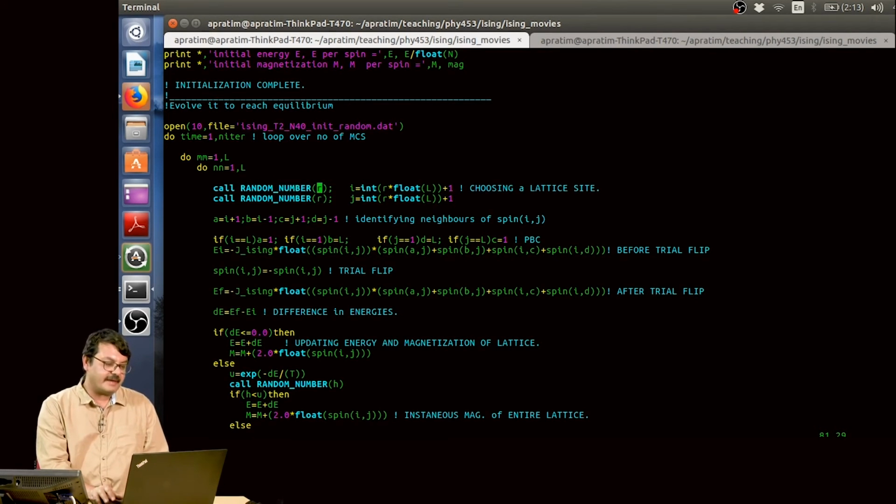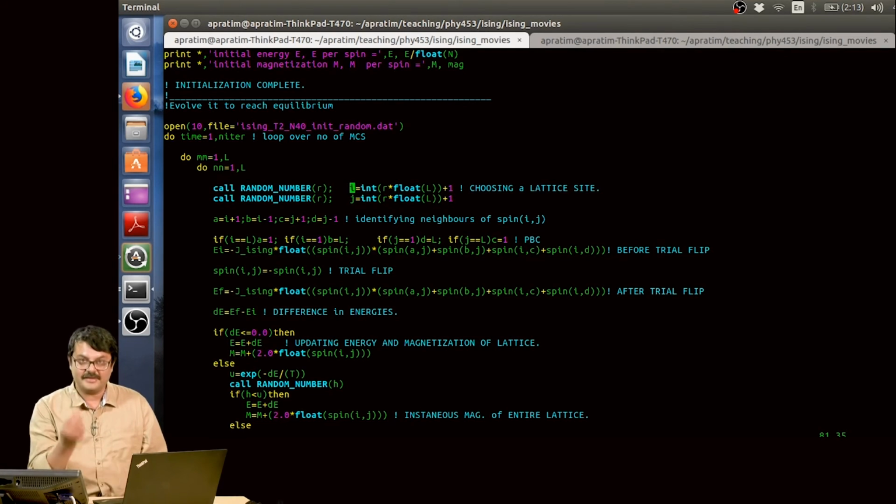So, we are generating a random number here r and another random number r. We are multiplying it by the length of the lattice, float L. So, basically what I am doing here is choosing a random lattice site.